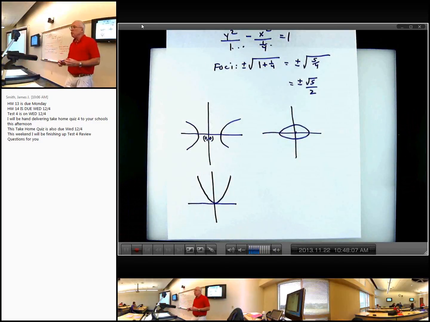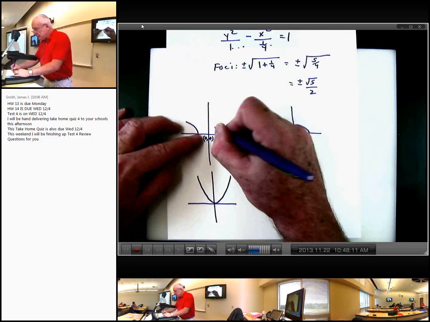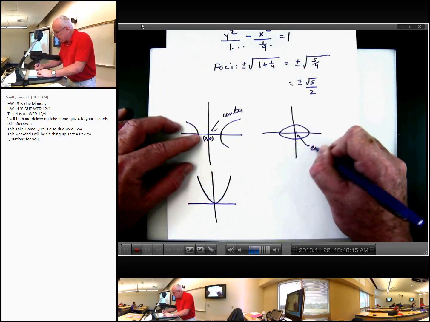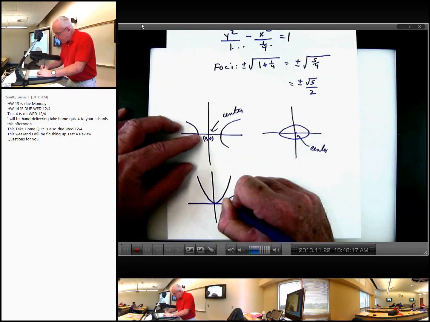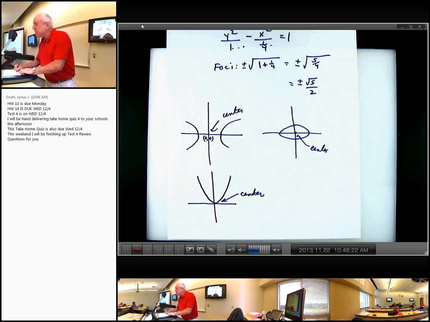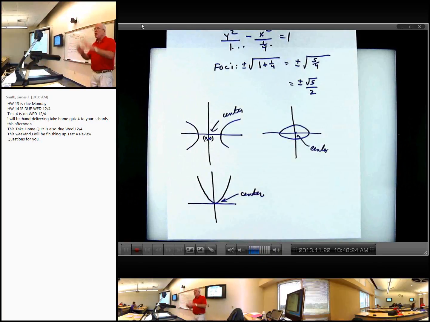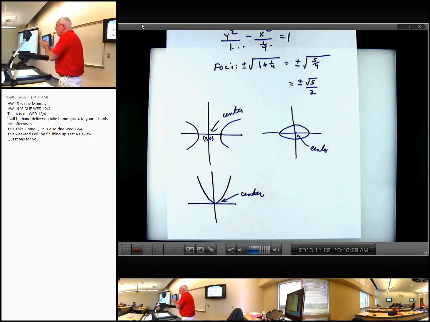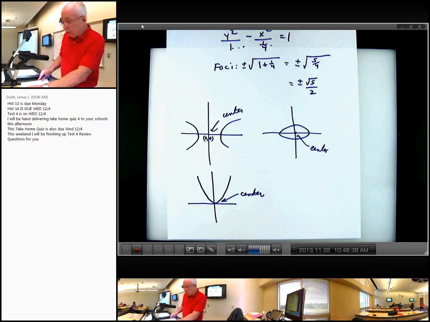Now what we're going to do is take this, which is considered the center, and for the parabola, that vertex can be considered the center. We're now going to shift it. So instead of the center being just the origin, 0, 0, it could be any ordered pair in the plane. Okay. So it's called shifting, the shifted conic.